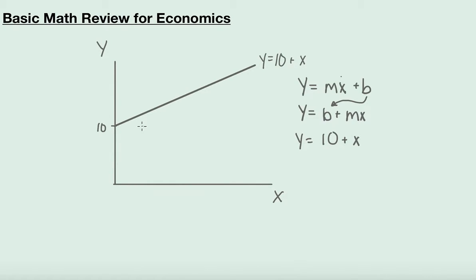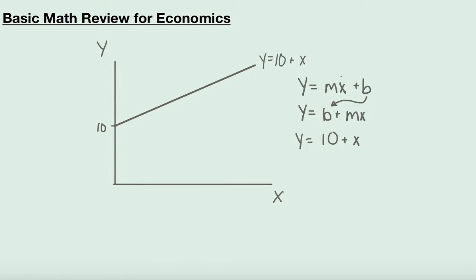There are times that we'll see that the slope of the curve is going to change. Let's say that instead of y is equal to 10 plus x, maybe the slope of the curve changes. So we want to look at the difference between the intercept changing and the slope of the curve changing.